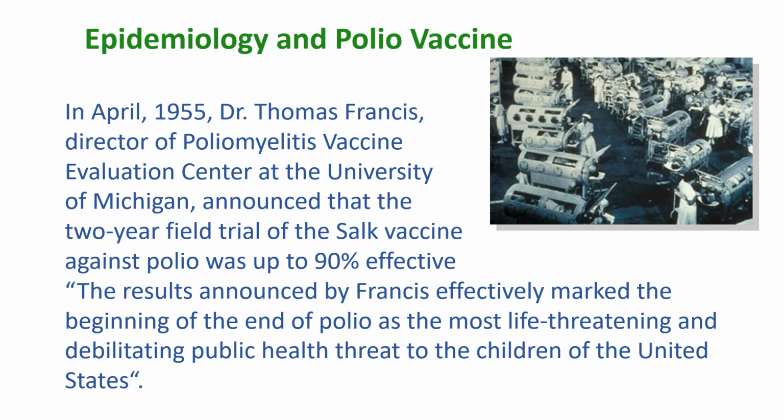That was a real cornerstone in prevention of disease for human beings. The results announced by Francis effectively marked the beginning of a new era and the end of polio as the most life-threatening and debilitating public health threat to children all over the world.